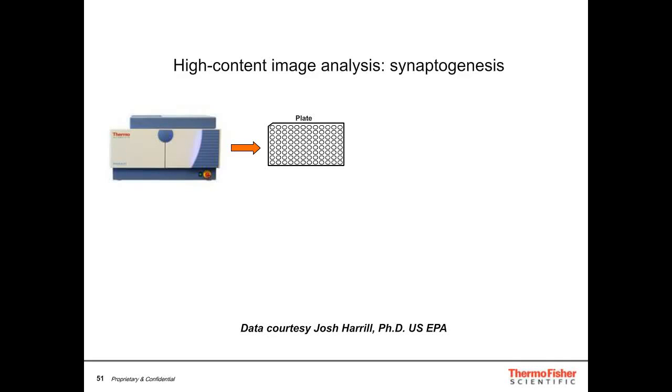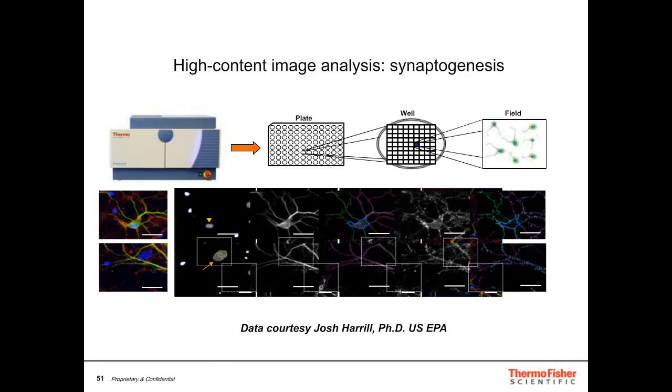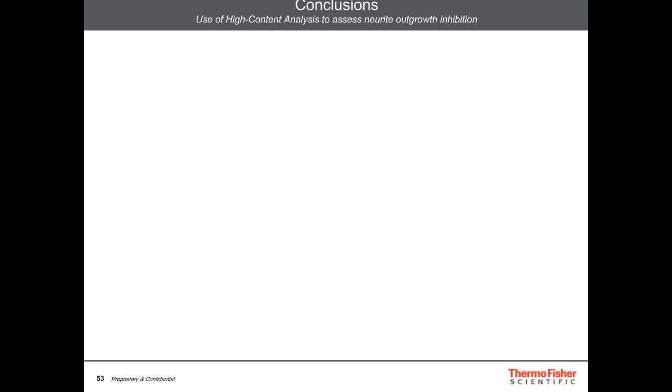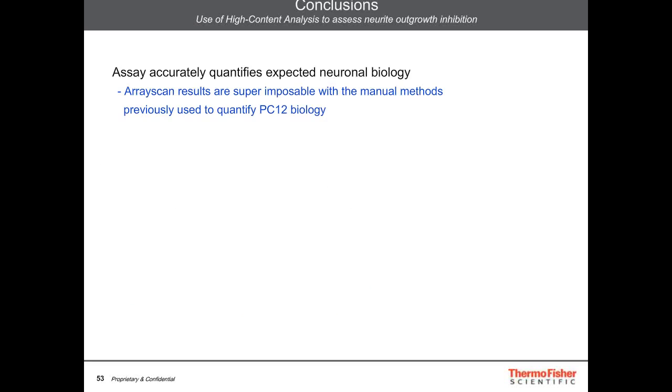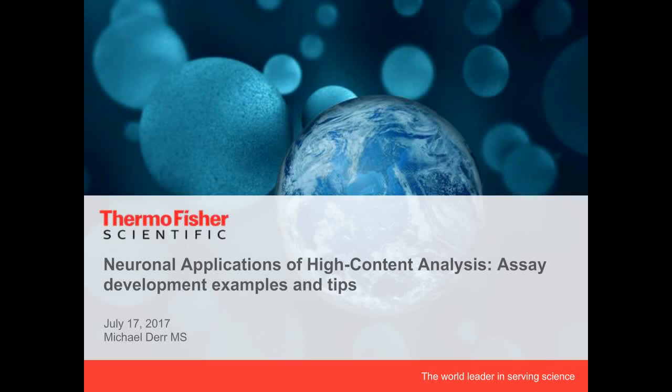And what was really interesting to us is that the synapse formation that we were looking at using high content technology matched methodologies that are much more resource and time intensive to conduct the assay. So in a much more efficient screening assay, such as high content, we can show that level of synaptogenesis, as we showed here.